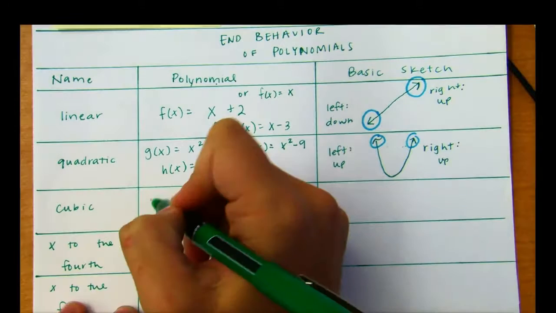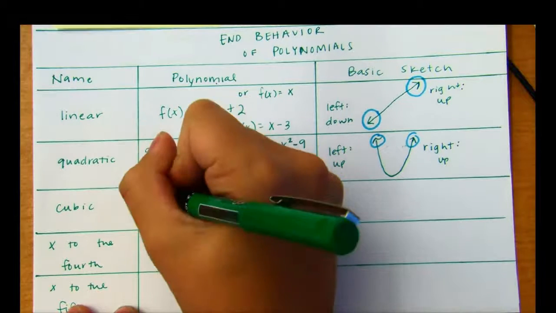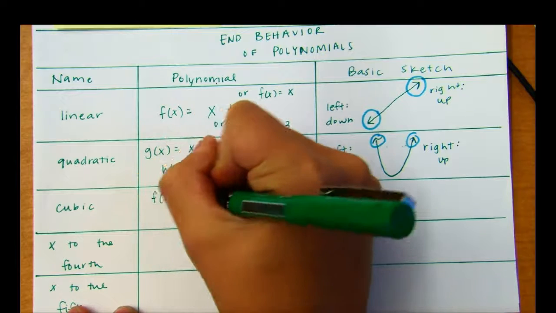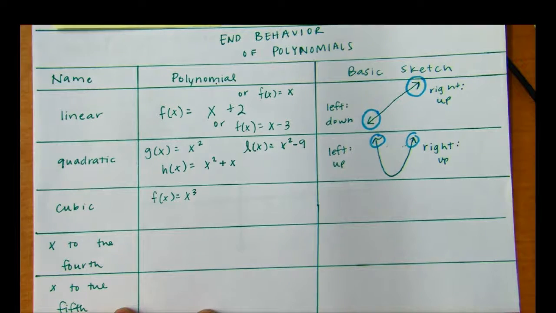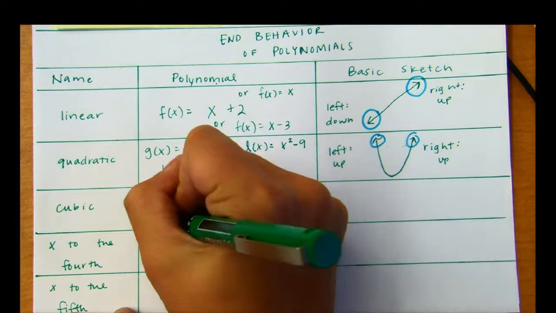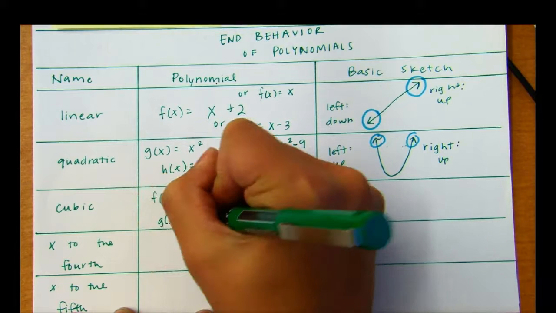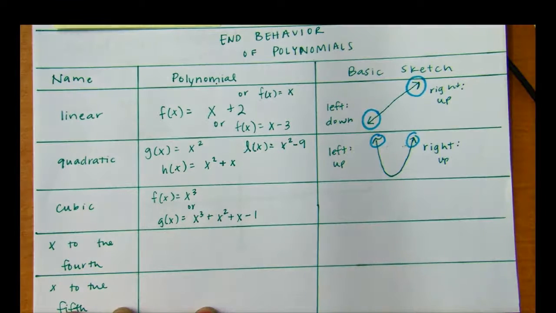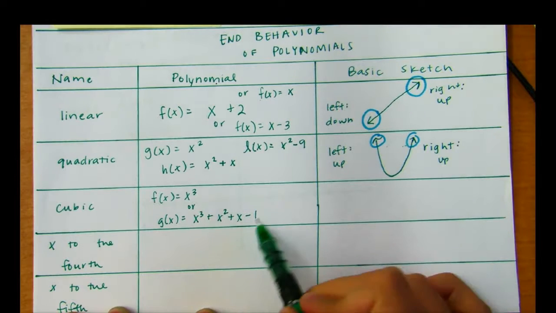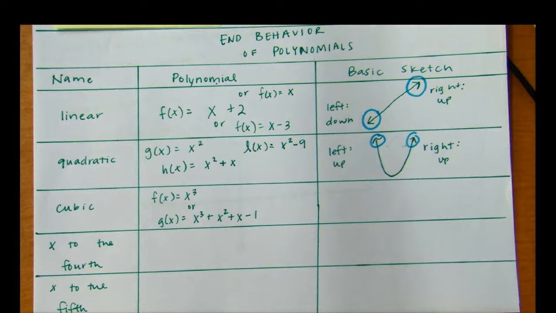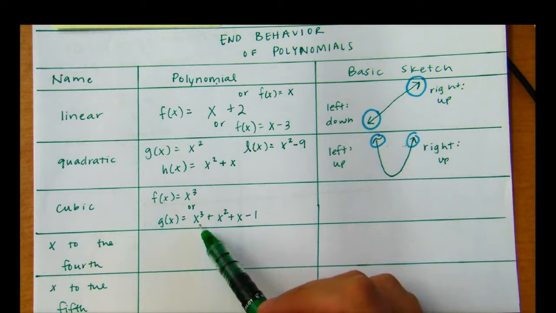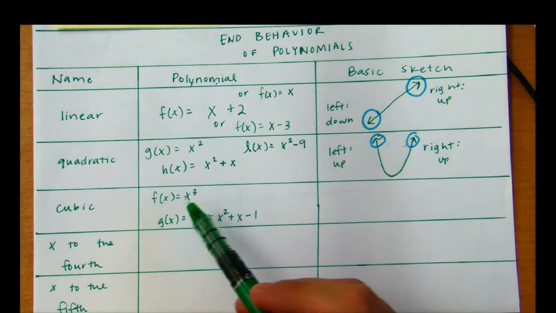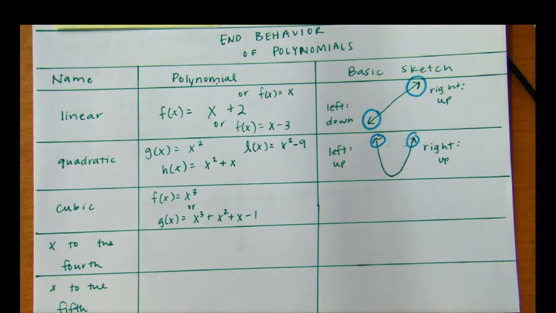Okay, with our cubic equation, this could be something like f of x equals x cubed. It could also be something like g of x equals x cubed plus x squared plus x minus 1. So I can have a bunch of other stuff going on. As long as my highest power is 3, I know that I've got a cubic equation. My parent function will be x to the power of 3.